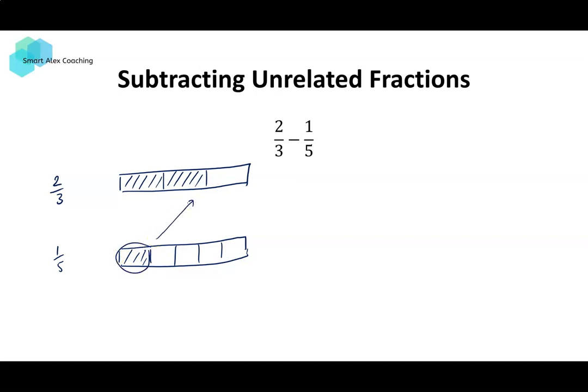It's a little bit hard to tell exactly how much we need to take off. So what we're going to do, like in the previous question, is convert them to the same common denominator. As determined previously, the LCM of 3 and 5 is 15. So I'm going to divide each bar into 15 units.